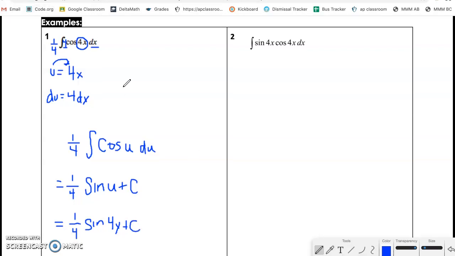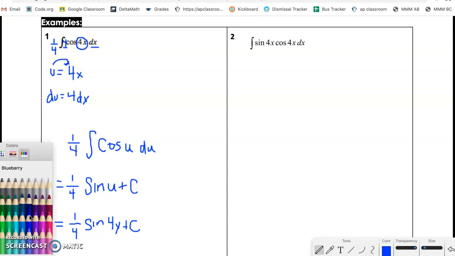All right. Now, one thing to recognize here is that when we just have cos of a constant times x, and this is true for any trigonometric function, we can really do this problem without any u substitution at all, because there's always going to be this pattern.